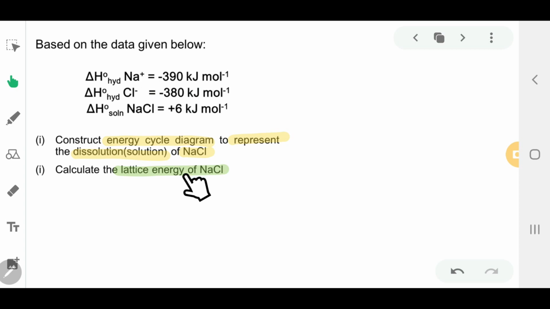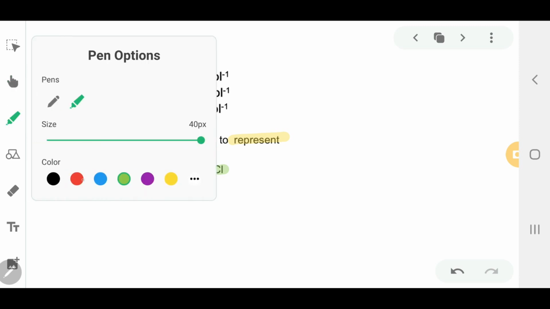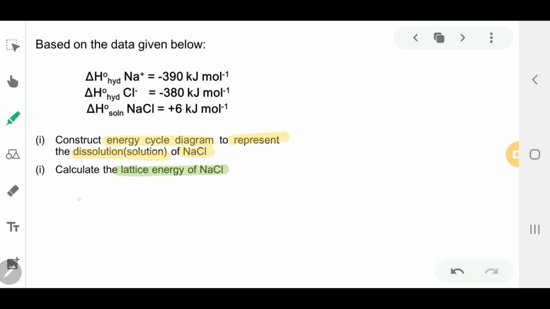Okay, so for the lattice energy, you can pick either to do it in the form of formation or in the form of dissociation. I prefer to do that with dissociation. So let's start by writing. Okay, so step 1. Step 1, we're just going to write the lattice energy.